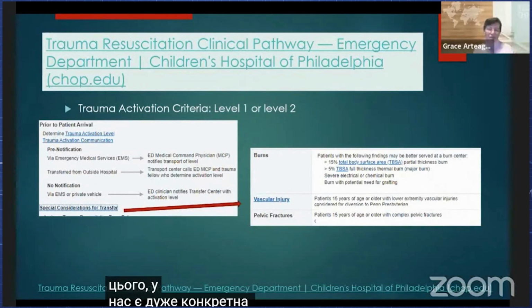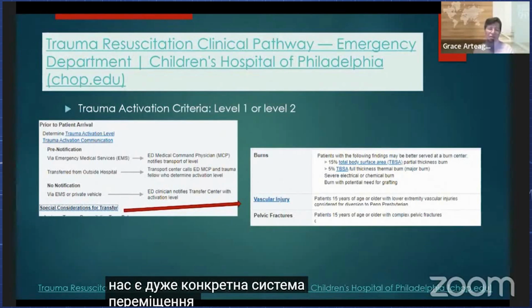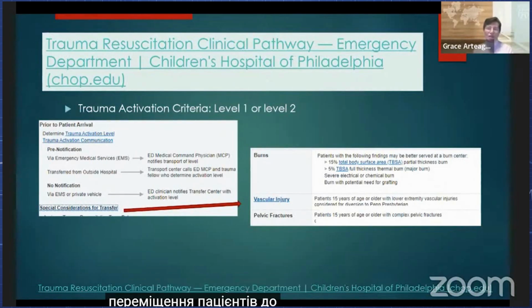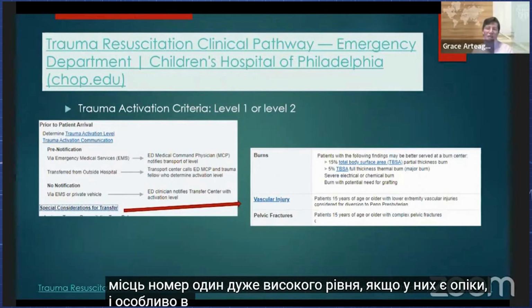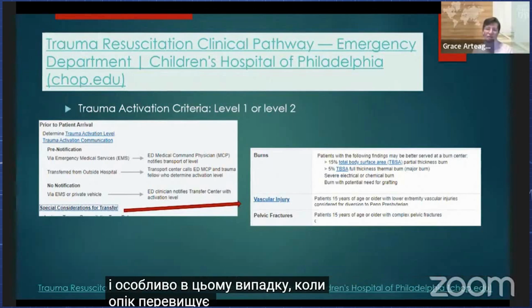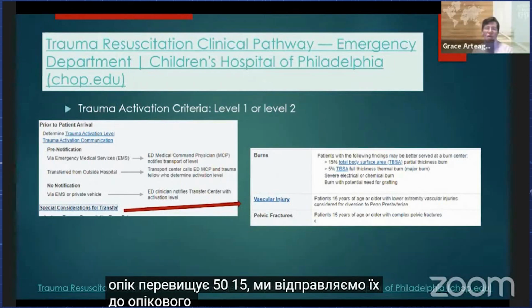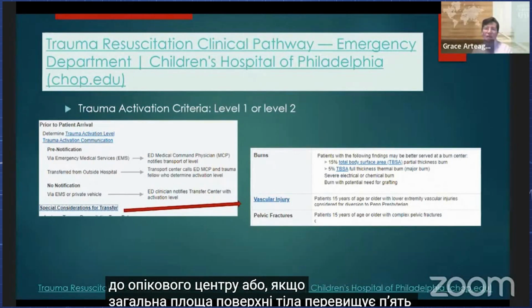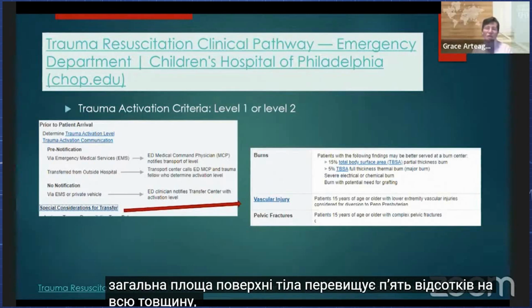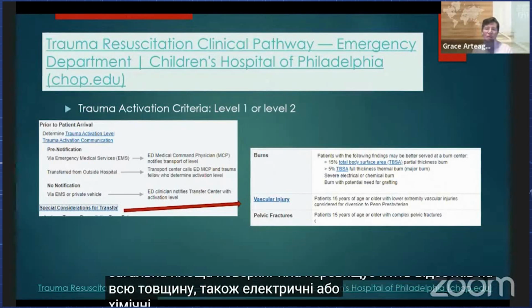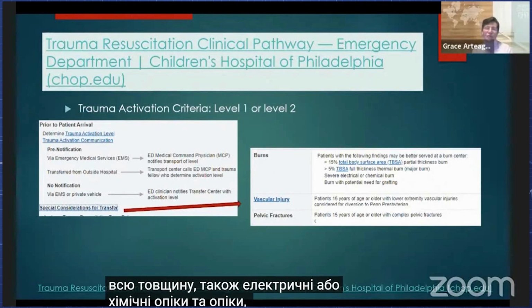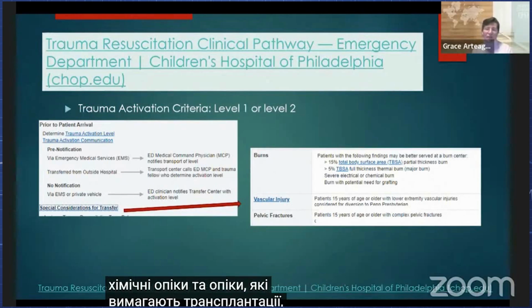We have a very specific system of transferring patients to higher level locations. Number one, if they have burns, and particularly when the burn is greater than 15%, we send them to a burn center. Or if greater than 5% total body surface area with full thickness. Also electrical or chemical burns, and burns that will require grafting.